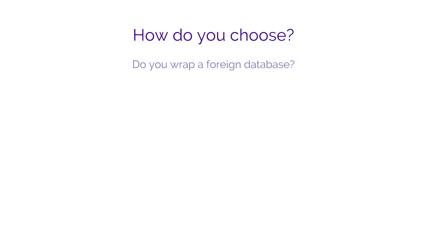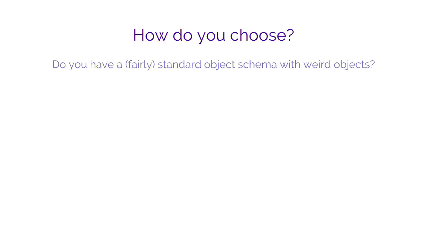Not everybody's data is necessarily that straightforward, though. So some other questions that you might need to ask are, what does your data look like? Do you have a fairly nice normalized object model with some weird objects that have funky attributes? A good example that I like to talk about is if you're building a database for a car rental service, perhaps, or one of my old mentors built some software to manage real estate holdings. There are a lot of really little teeny variations in options for a real estate property.